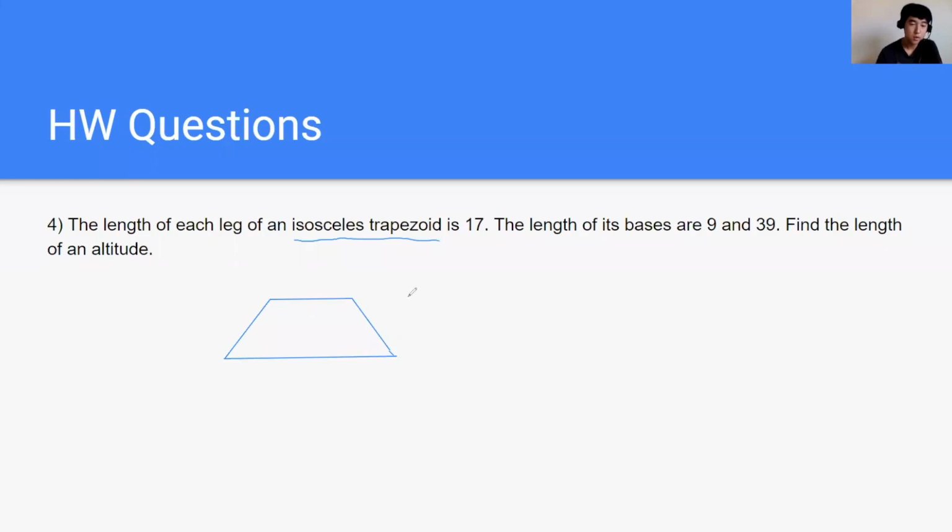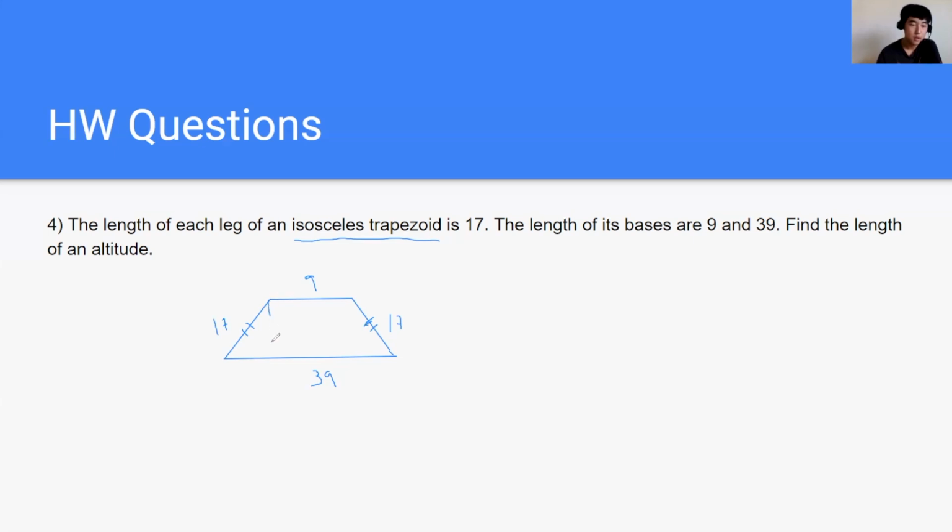This is just a trapezoid, but when these two are equal, we call this an isosceles trapezoid. The length of each leg is 17, and they must be the same in an isosceles trapezoid. The length of its bases are 9 and 39. Find the length of an altitude.